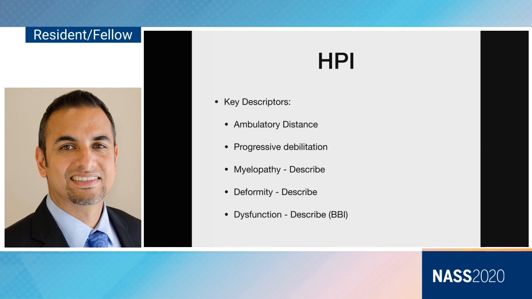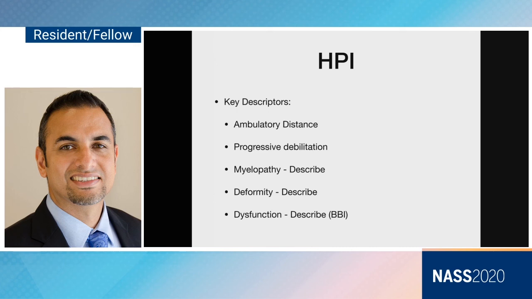If they have myelopathy, don't simply state that they have myelopathy. Describe how they're impaired from a balance standpoint and from a fine motor coordination standpoint. You can use different screening questions like difficulty with dropping objects or buttoning shirts, a decline in penmanship, that sort of thing.